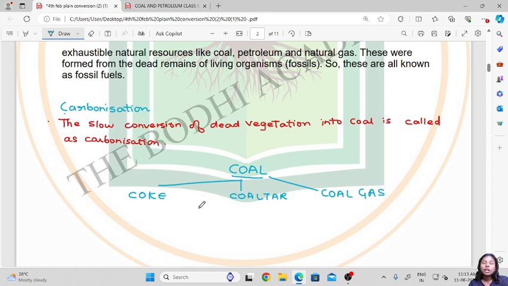Over the years, due to the increasing amount of soil deposited on this forest, there was a rise in temperature and pressure that led to the conversion of this dead vegetation to something known as coal.